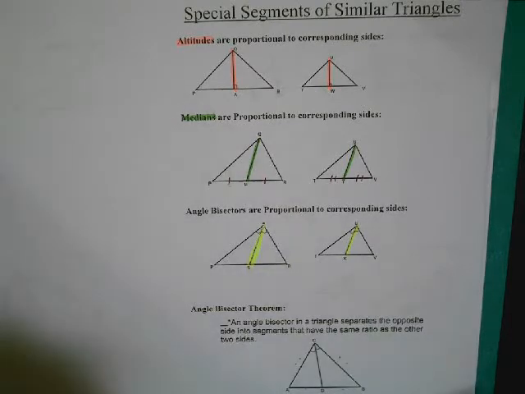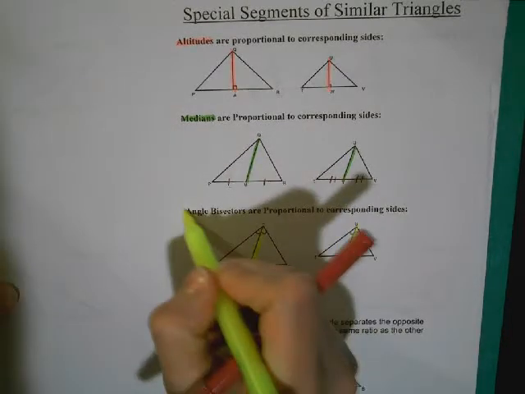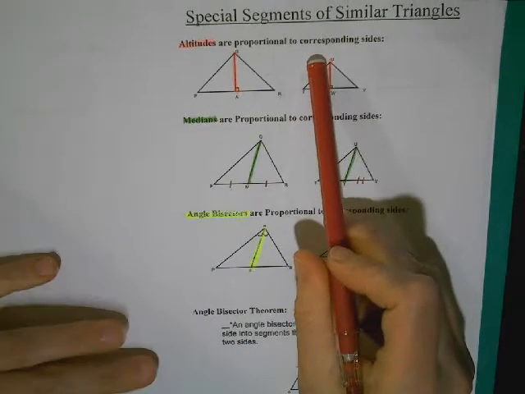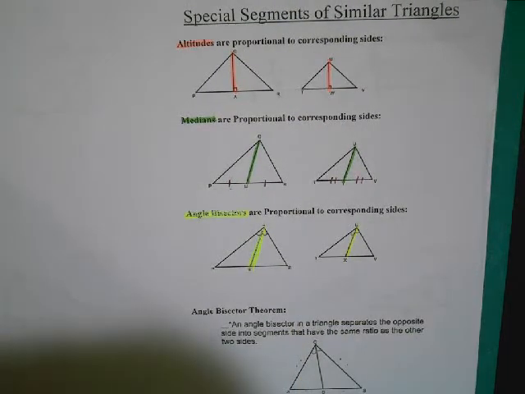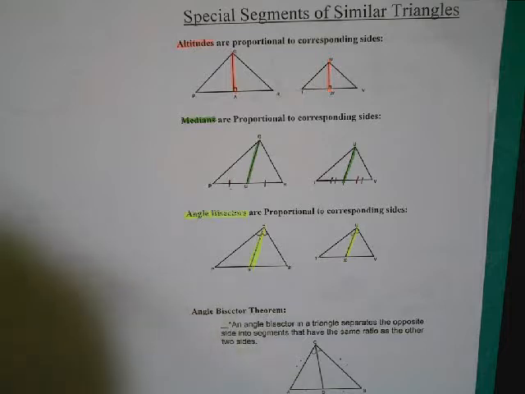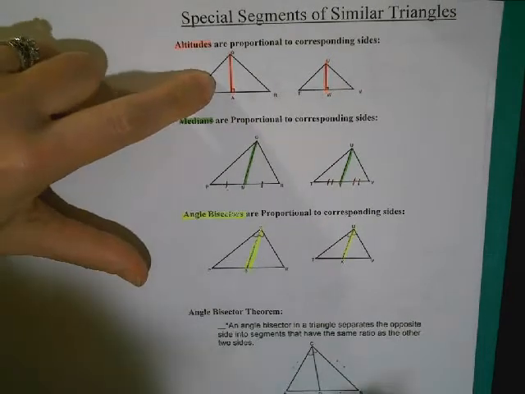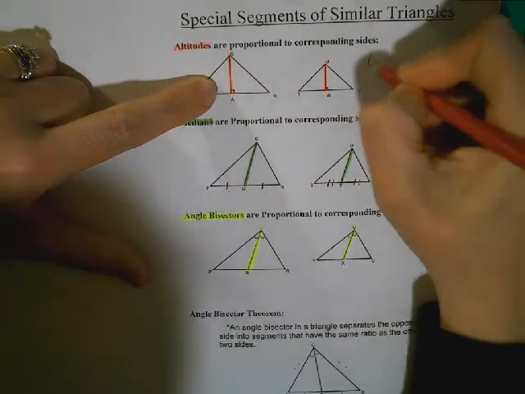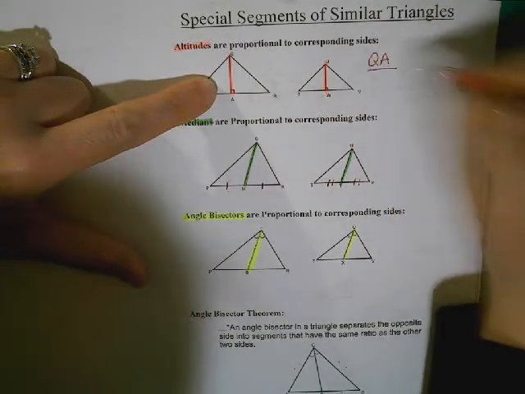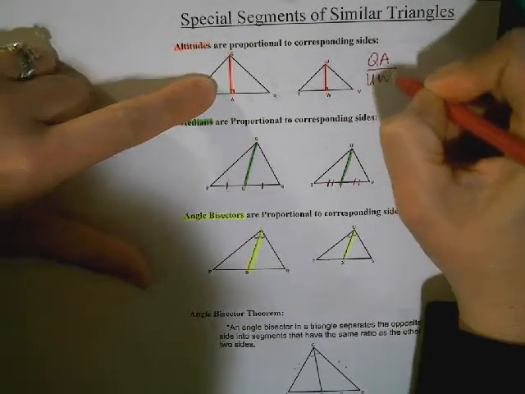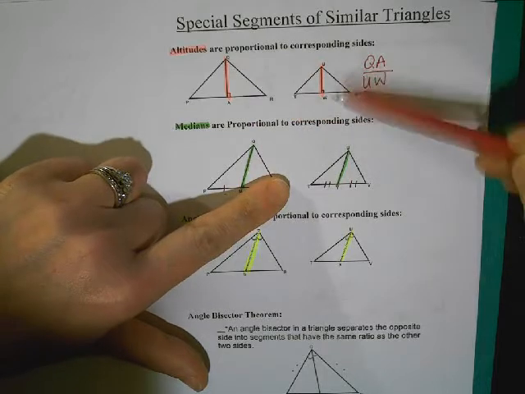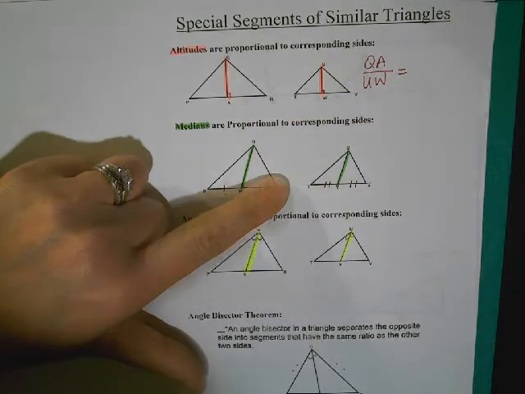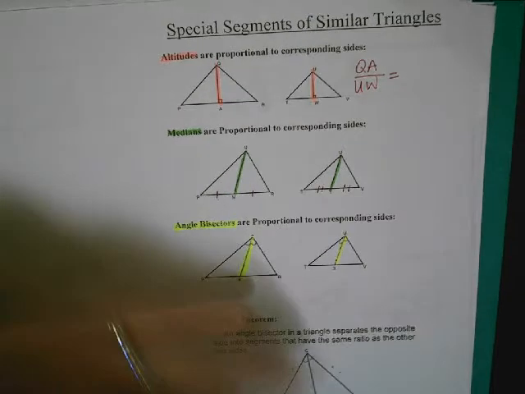And what's important about these three different special segments is that they are proportional to the corresponding sides of a triangle. So if you know you have an altitude, then you can write the length of QA over the length of UW here. So the two pink lines, the altitudes, you can say they're equal to a ratio of any corresponding sides.